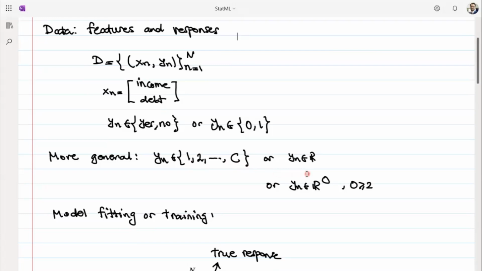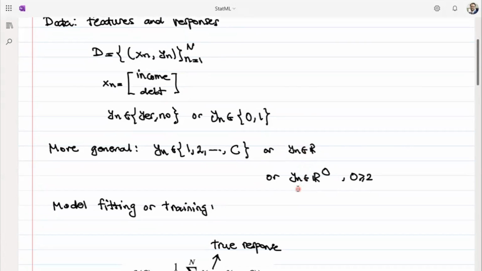However, when we get to regression problems, in those cases, the goal is to predict a continuous output, right? So that's the main distinction between classification and regression. In the simplest case, you have one output or quantity of interest, and that can be any real valued number. But in a more general setting, you may have multiple outputs.